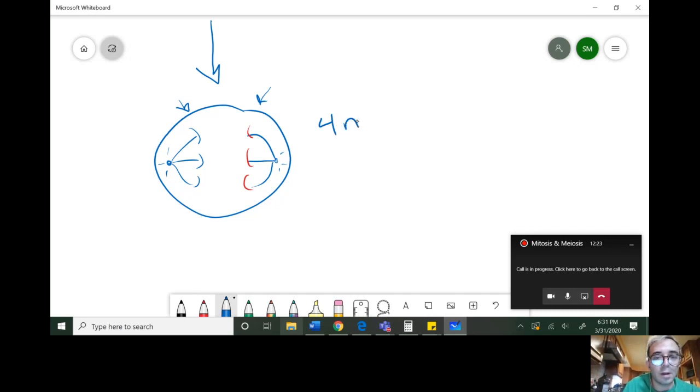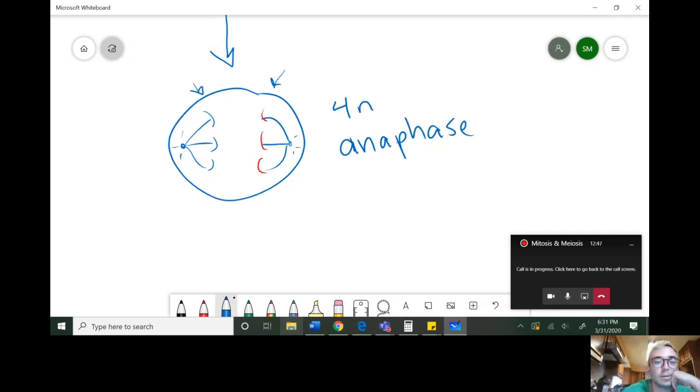Right now we're still in 4N. This is anaphase. So anaphase, think Anna apart, A apart. That's how I remember it. So they're being pulled apart, the chromosomes.